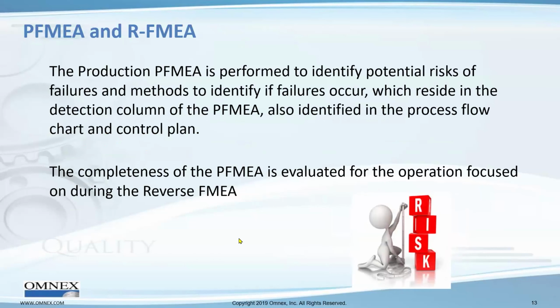So again, the production PFMEA is performed to identify potential risks, and this is where we identify what the severity is, but then the risk evaluation is based on how often we think it's going to occur. This is for occurrence. And then the detection basically is in the control plan or in the detection column.